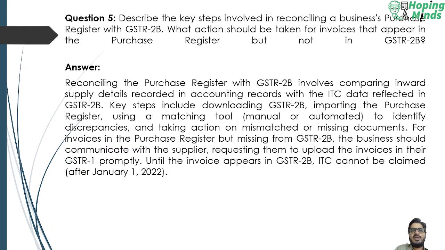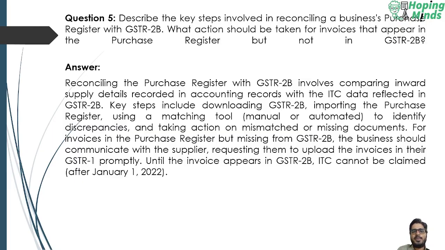Next, describe the key steps involved in reconciliation of a business's purchase register with GSTR 2B. What action should be taken for invoices that appear in the purchase register but not in GSTR 2B?